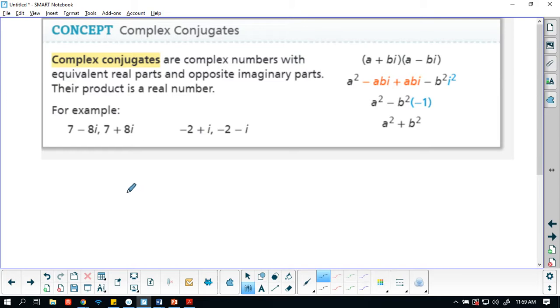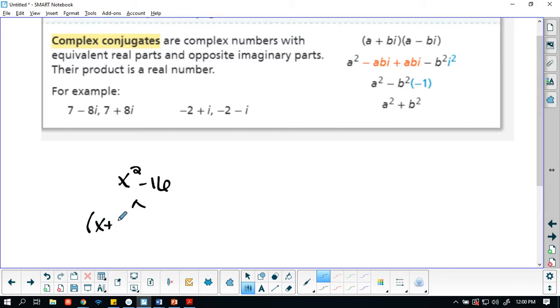So if we look at the beginning of this lesson, x squared minus 16, I talked about how you could make these into factors of x plus 4, x minus 4, and this was the difference of squares because you have two squares and you're taking the difference of them. The complex conjugate is basically the same idea, except you have real and imaginary components to your number.